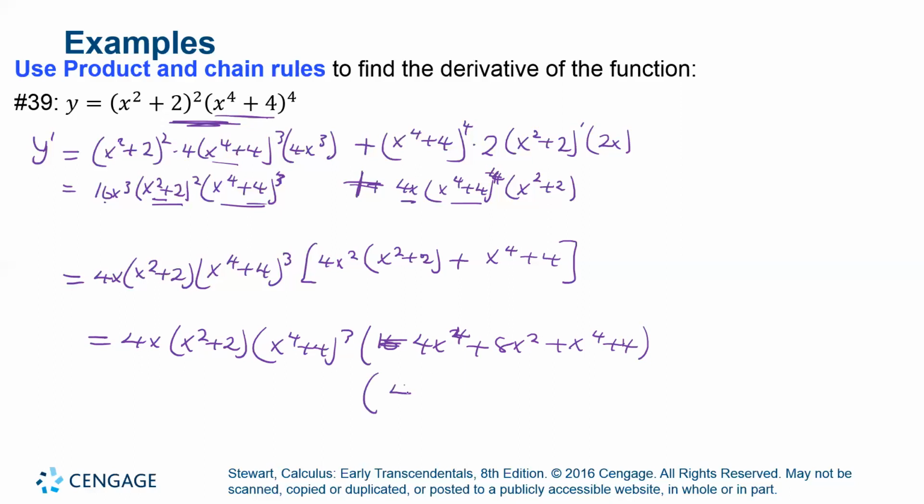This is what? 4x plus, that's 5 x to the 4 plus 8x squared plus 4. And then you have 4x (x squared plus 2)(x to the 4 plus 4).